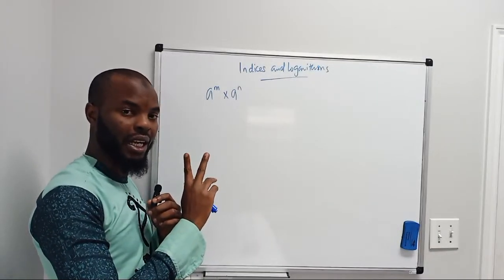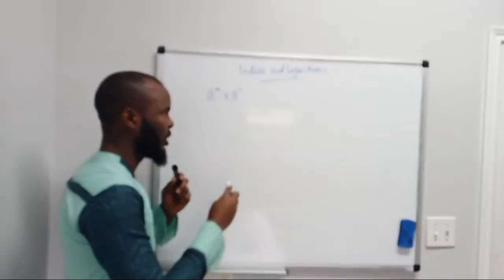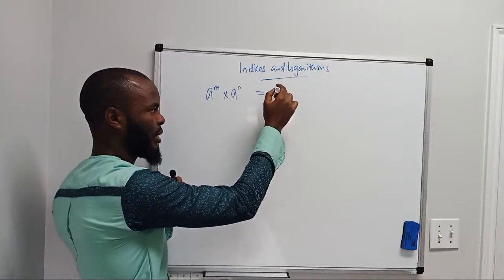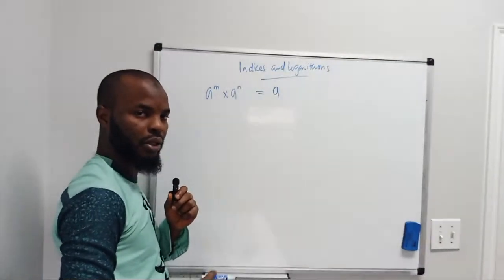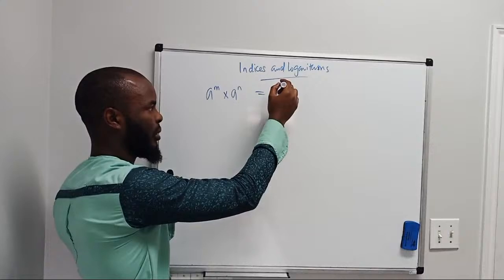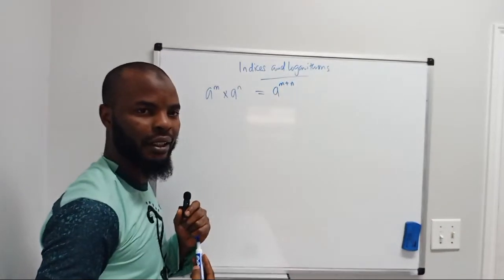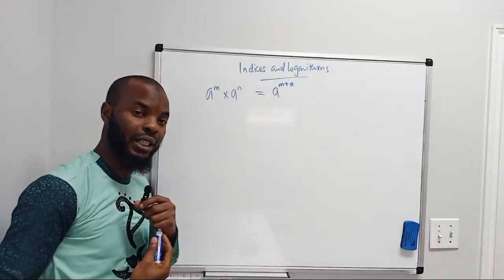Just make it a single base and add the powers together, so the power is going to be m plus n. So this is the first rule, for addition.